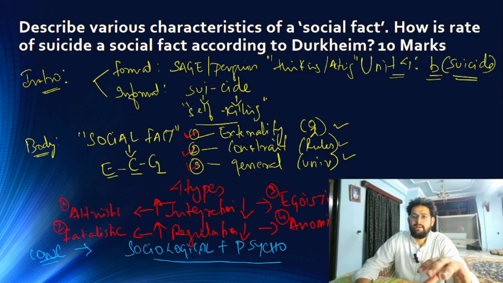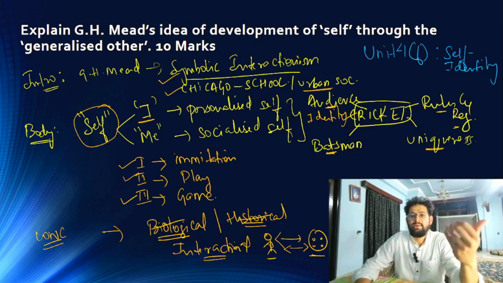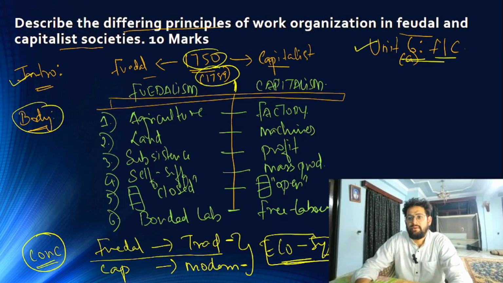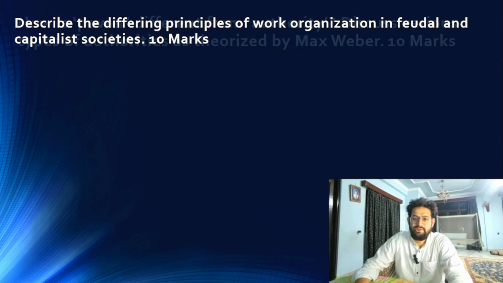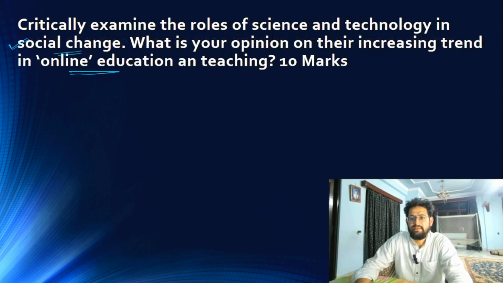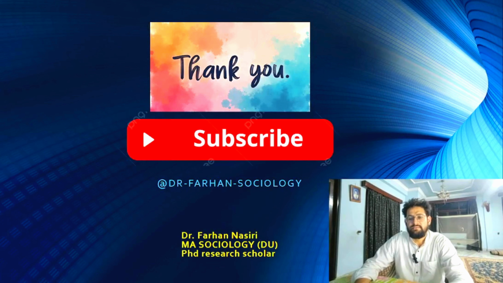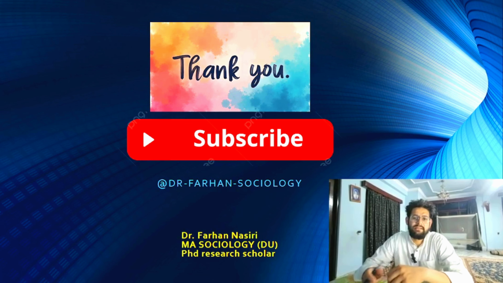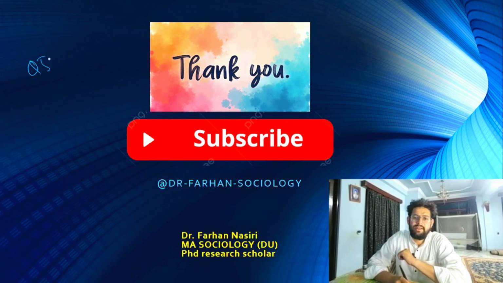First, we spoke about the characteristics of a social fact and how suicide is considered to be one. Then we talked about how Mead's idea of the development of self is also a phenomenon. Then we talked about work organization and how it has shifted, and power and authority, discussing the differentiations. In the fifth part, we have seen the compulsory questions: A, B, C, D, and E.